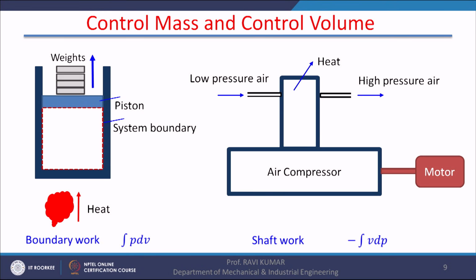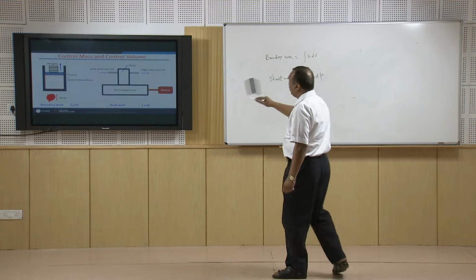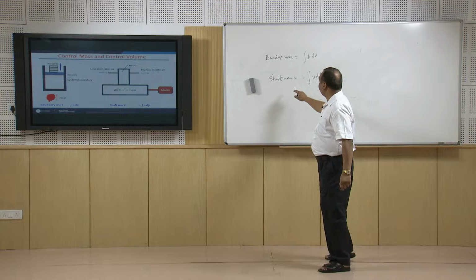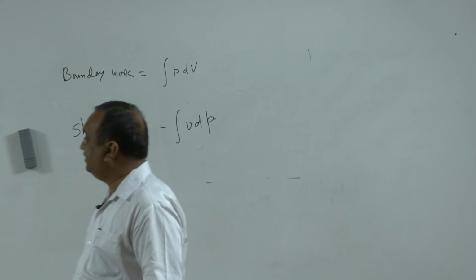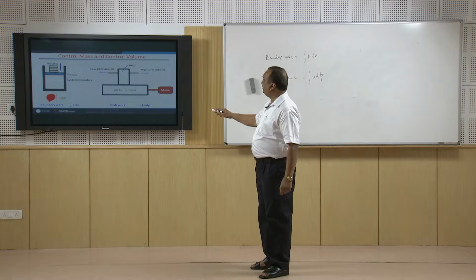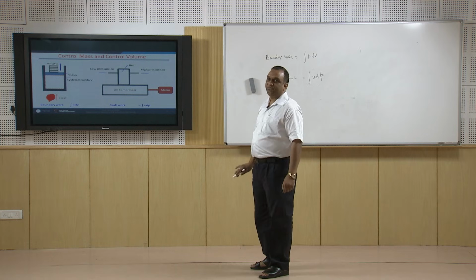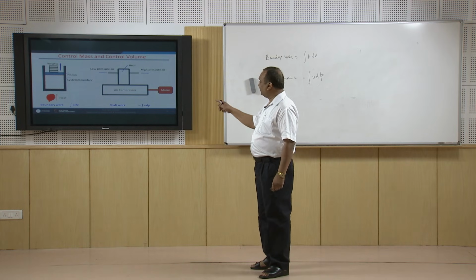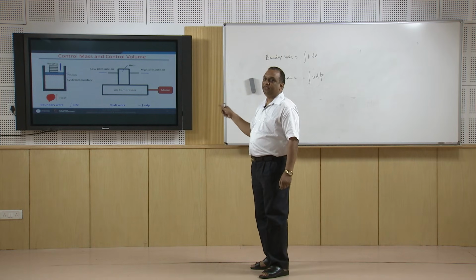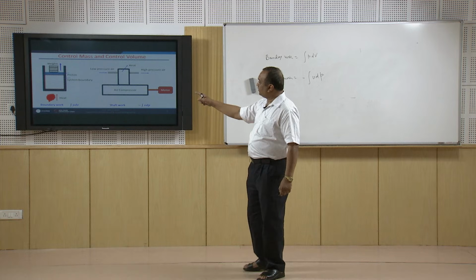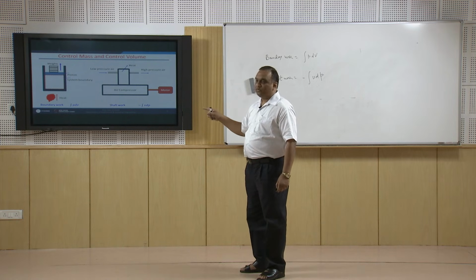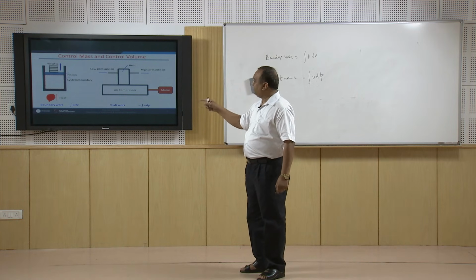If there is no pressure change in the open system, the shaft work is 0. So in order to have shaft work, there has to be a change in the pressure. Same is the case with the boundary work: if we want to have boundary work, there has to be a change in the volume of the system.